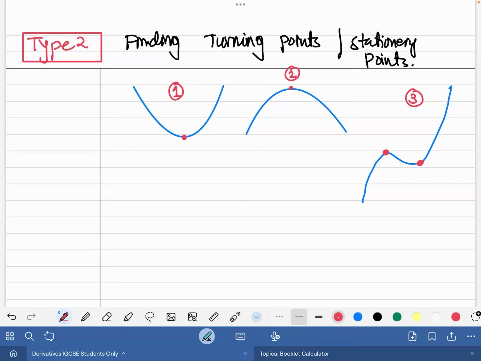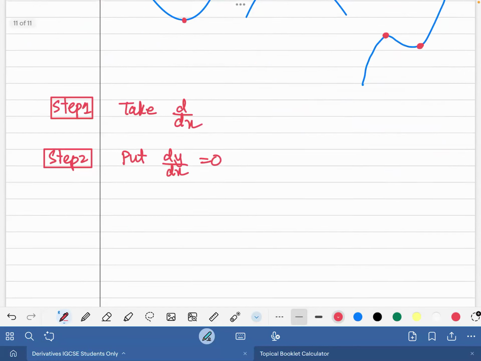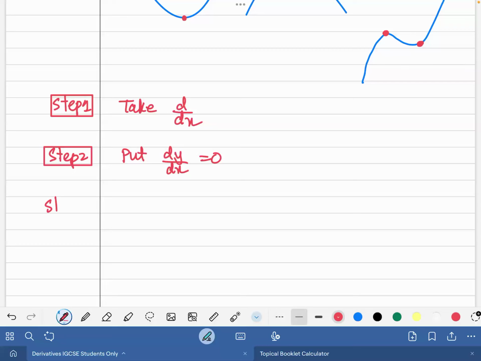There are a few steps. Step 1: take the derivative, take d by dx. Step 2: put dy by dx equals 0. You have to put the derivative equal to 0.